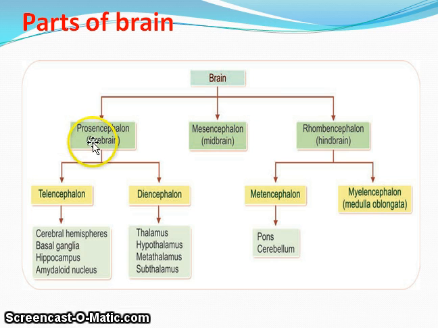Furthermore, the forebrain is divided in 2 parts, that is telencephalon and diencephalon. Telencephalon comprises of cerebral hemisphere, basal ganglia, hippocampus, amygdaloid nucleus, and diencephalon comprises of thalamus, hypothalamus, metathalamus, subthalamus.